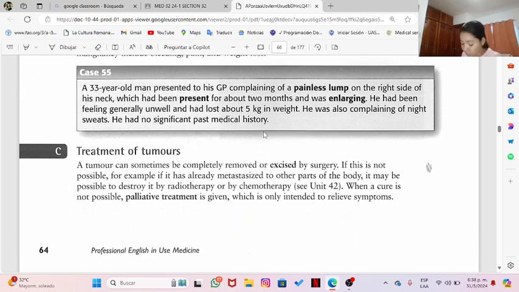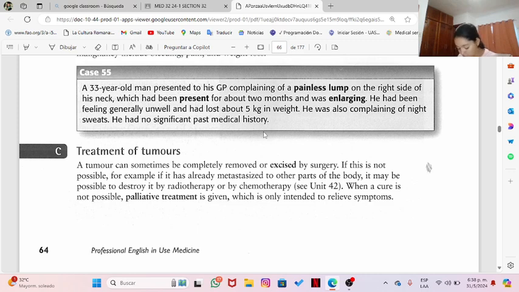Case 55. A 33-year-old man presented to his GP complaining of a painless lump on the right side of his neck, which had been present for about 2 months and was enlarging.